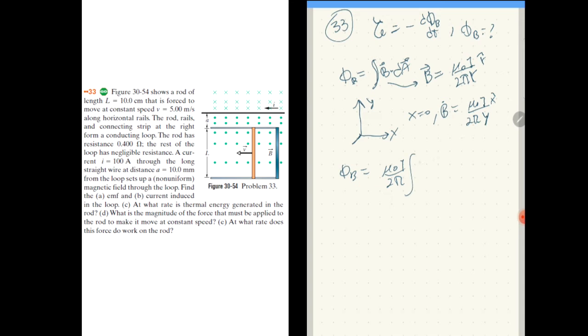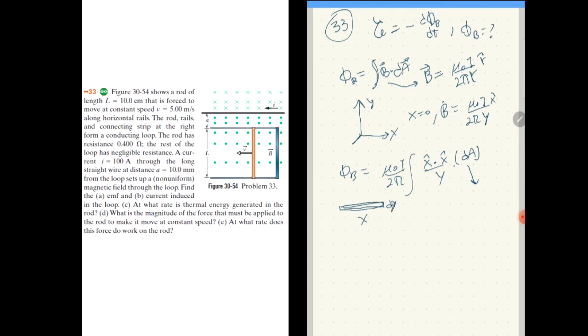And this element of area, if you take a strip, this is the position x of one dimension of the spire, and this is the y.